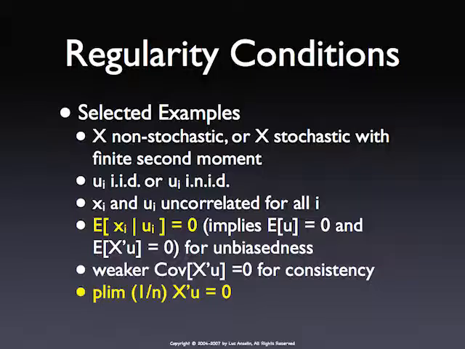So the way this is set up formally, and this may not be familiar to you, but it will be very important later on, is that the conditional expectation of the error term given X is 0, and that implies that the expectation of the error term is 0, or that the correlation between the covariates and the error term is 0.